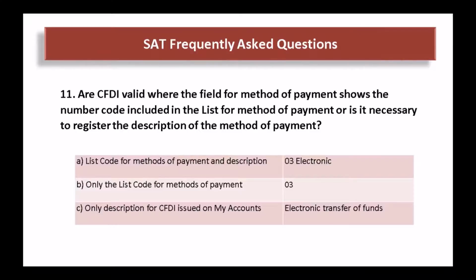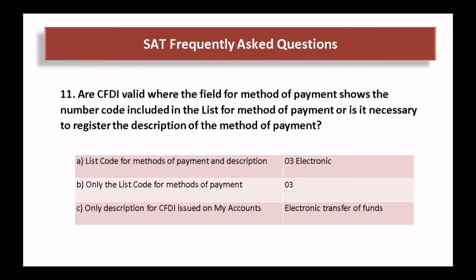Now, as a summary, and this is also provided by the authorities, it asks: are CFDIs valid where the field for method of payment shows the number code and the description, or is it necessary to register both? Here we have 3 examples that will be correct according to the tax authorities. 1.